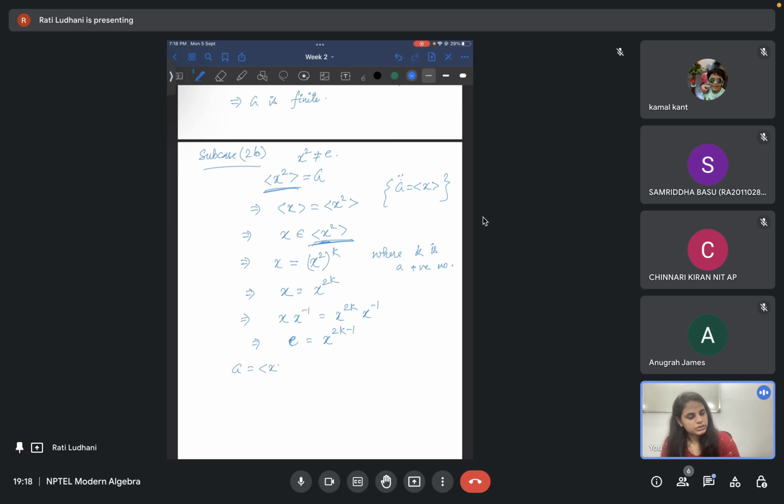So this is G. This is equal to x square and so on, it will just go till 2k minus 1. And this is a finite number, right? Because this set is x square, x raised to power something, until you reach identity. So this is a finite set. So again this will imply G is finite.